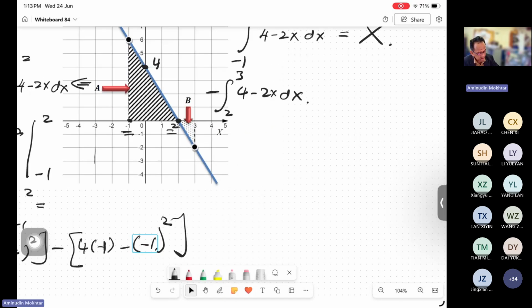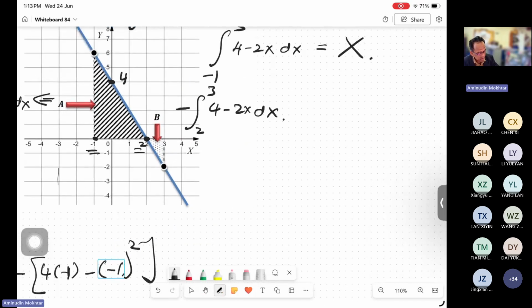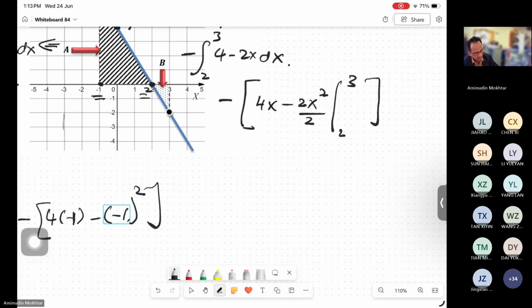But for B, the same process, but remember B has a negative sign. There is a negative in front of the integral of 4 minus 2x from x equals 2 until x equals 3. So there is a negative of 4x minus x squared, from 2 to 3.